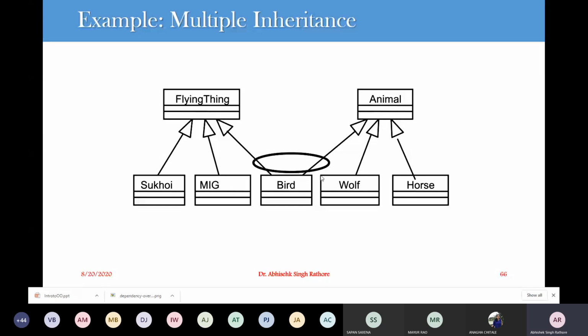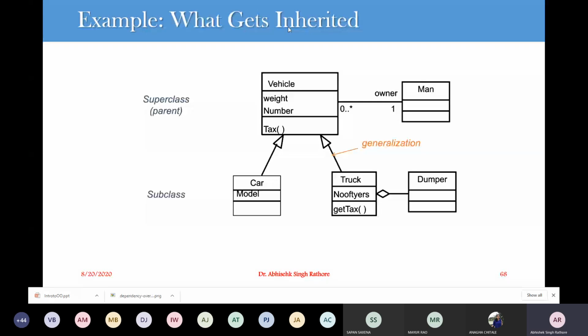So next, properties that get inherited. Let's take an example. Let's say we have a class known as vehicle. The vehicle has weight and registration number, and a man. This vehicle has an association relationship with the man, with the property name and the stereotype owner.